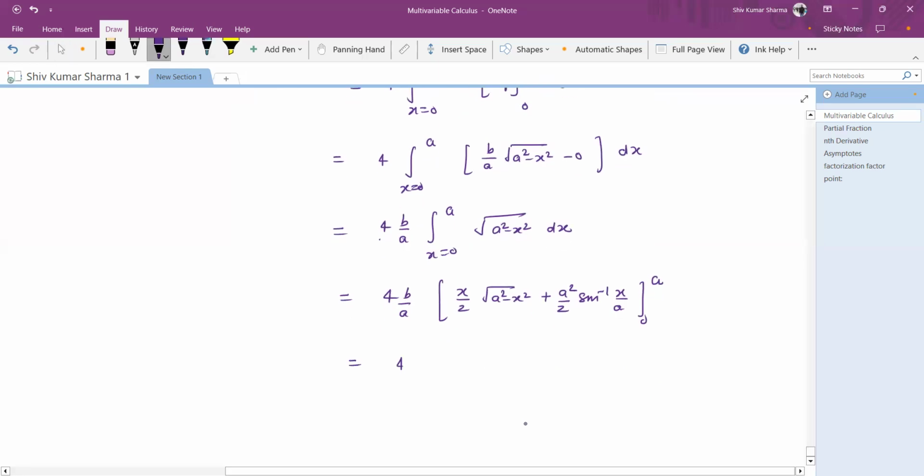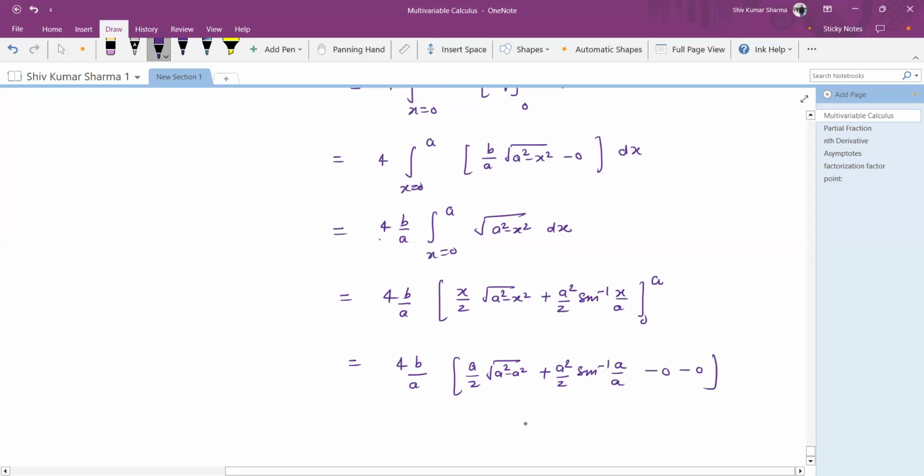So we take 4b upon a and apply the limit: a upon 2 root a square minus a square plus a square upon 2 sine inverse a upon a, minus 0.